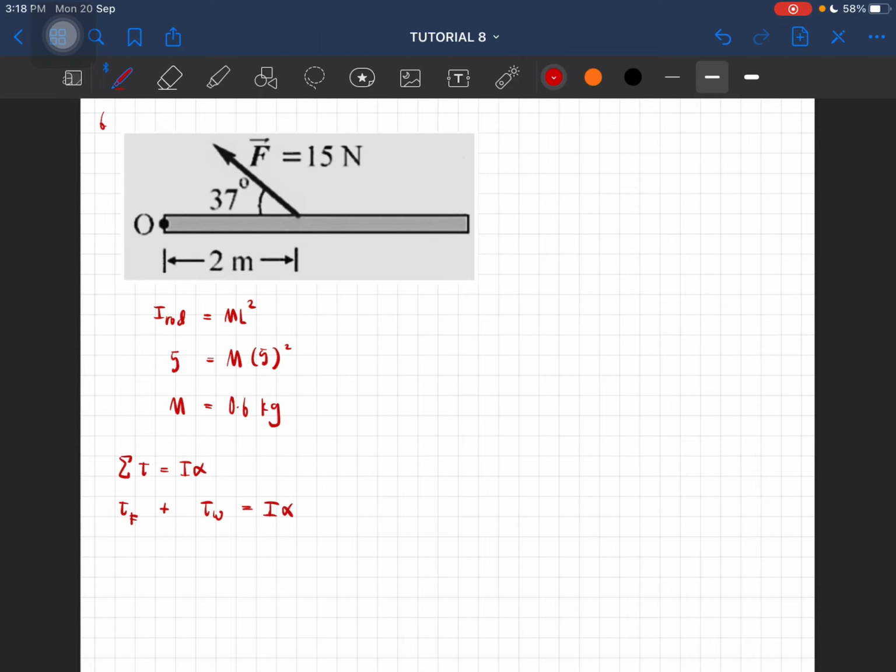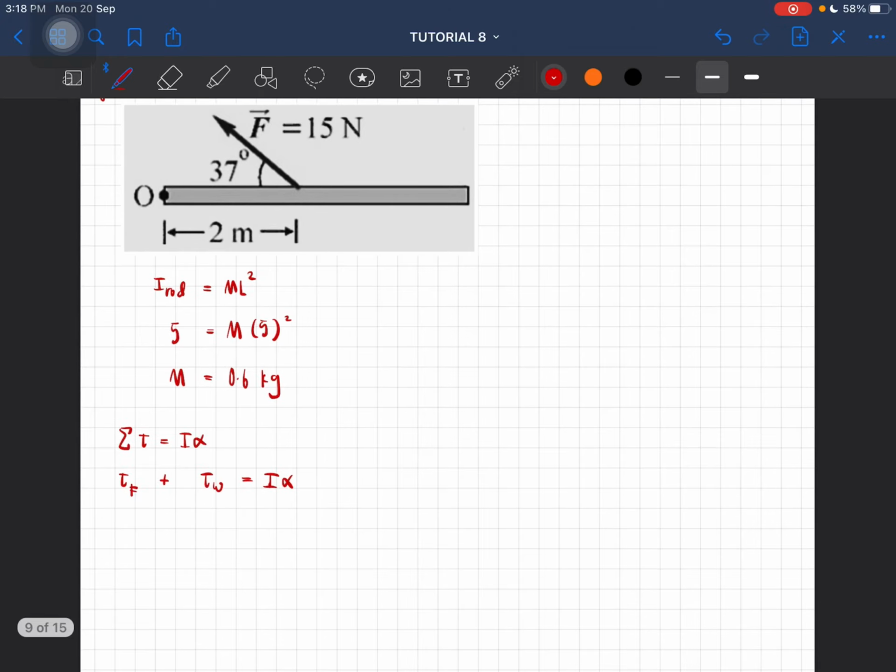Before that, let me just draw a force diagram. So this is the value of our force somewhere around here. Then the center of gravity of the beam or the rod, somewhere around here.